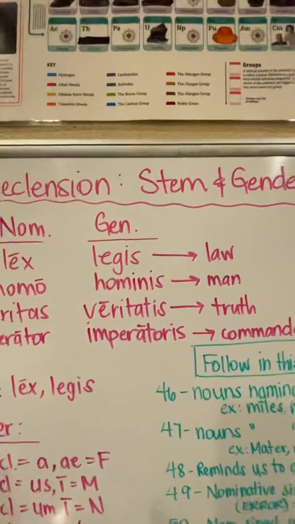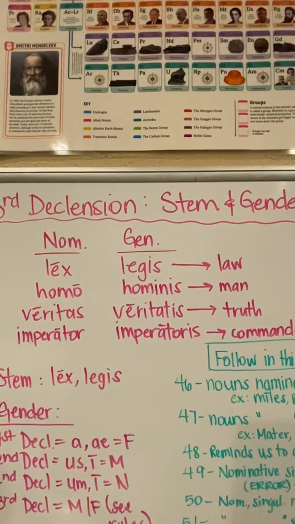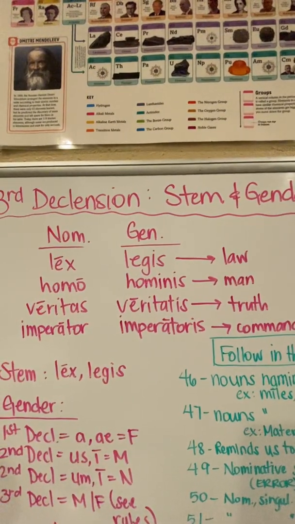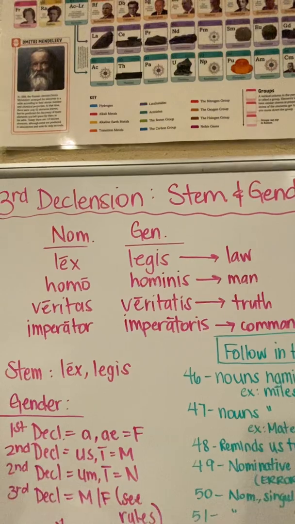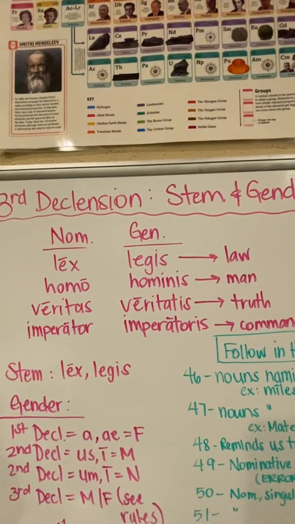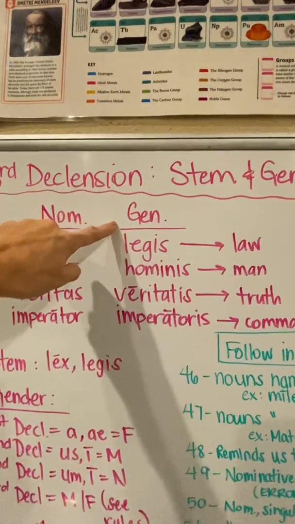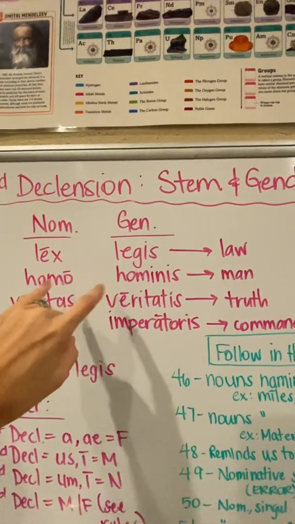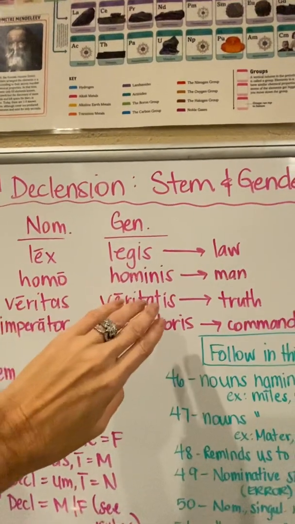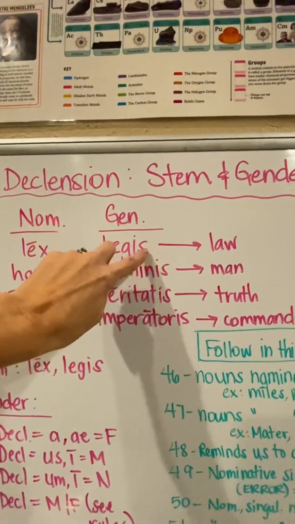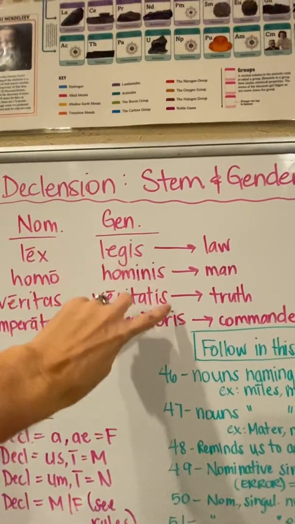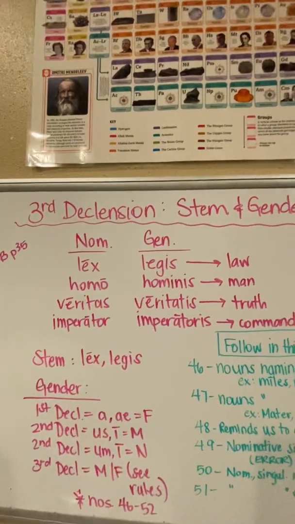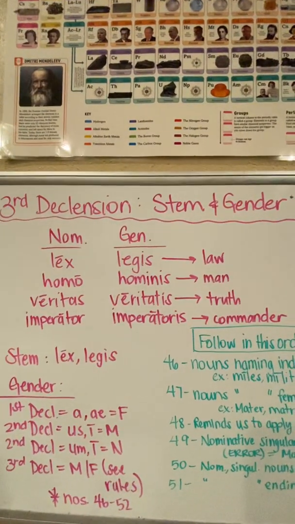And so we are able to determine to what declension our vocabulary belongs by looking at the second word given. It'll always give us lex, legis, homo, hominis, veritas, veritatis, and as soon as we see this repeating ending, once we see is, we know it's a third declension word. Okay, so that's how we can tell.